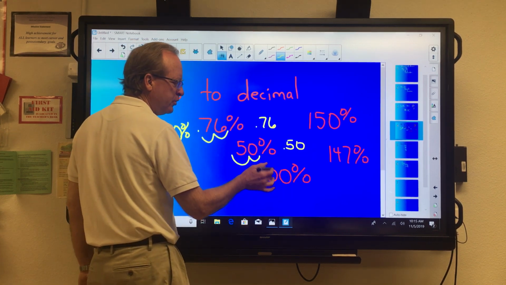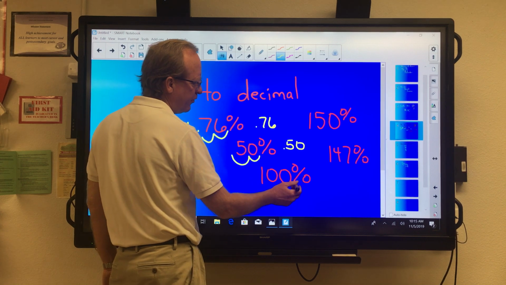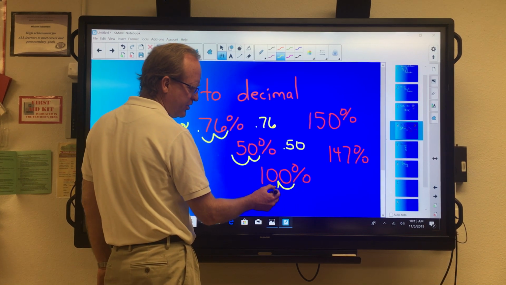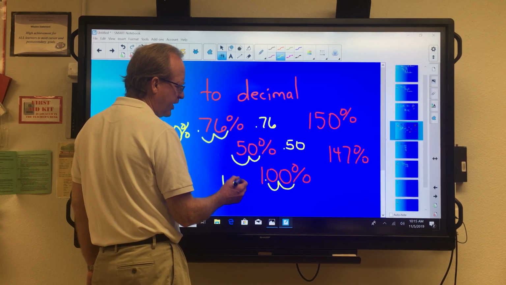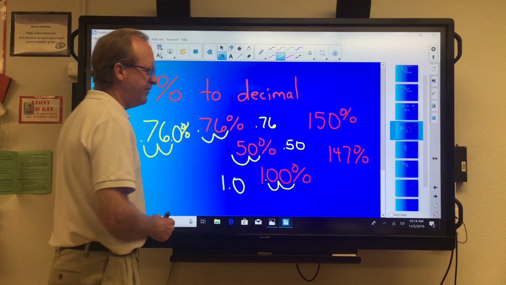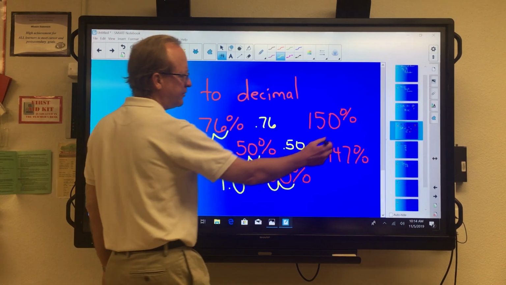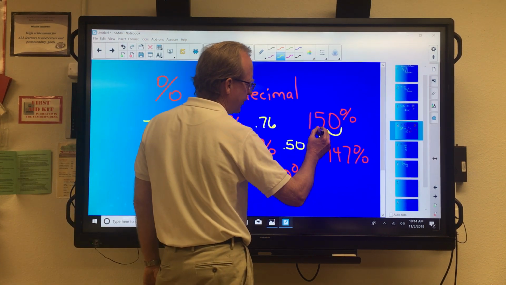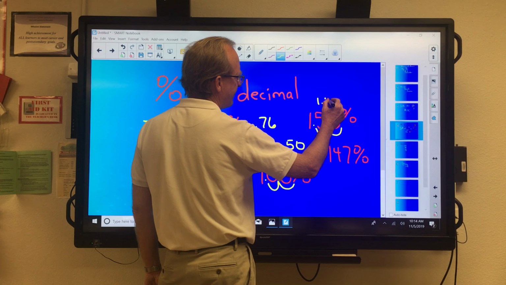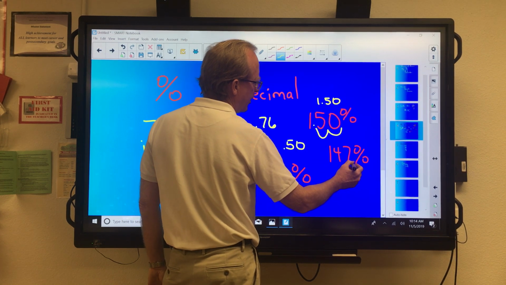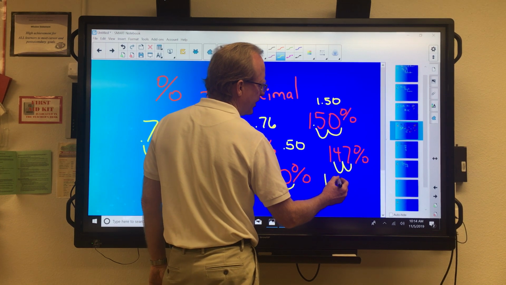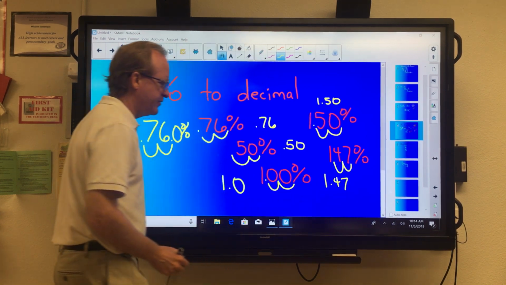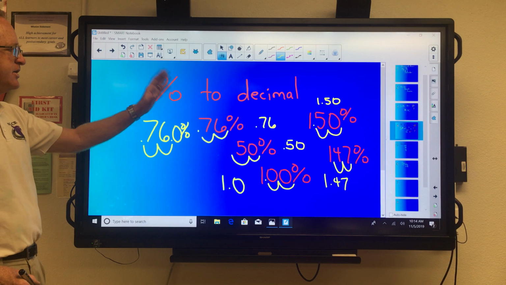Now, don't change the number of times you move. This is 100%. It's 1, 2. It's always 2. So 100% is 1.0. If you have 150%, it's 1, 2, 1.50. 147%, 1, 2, 1.47. Okay. So that's how you convert a percent to a decimal.